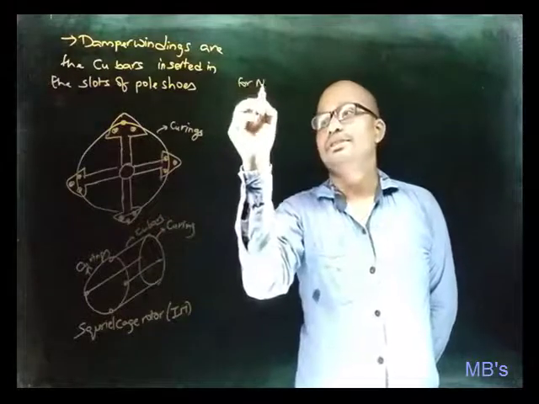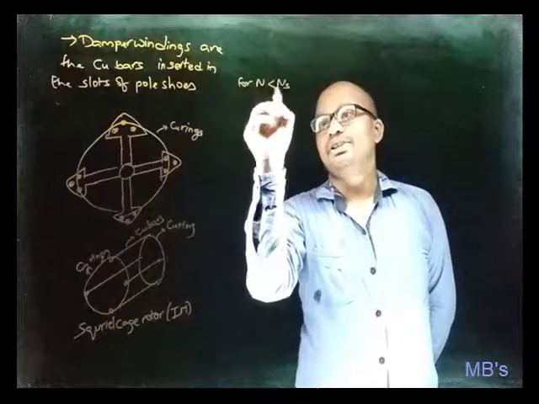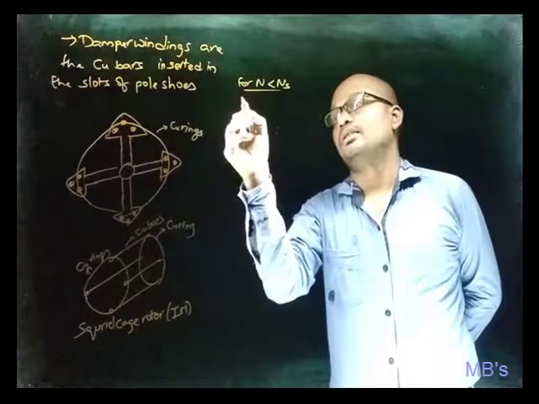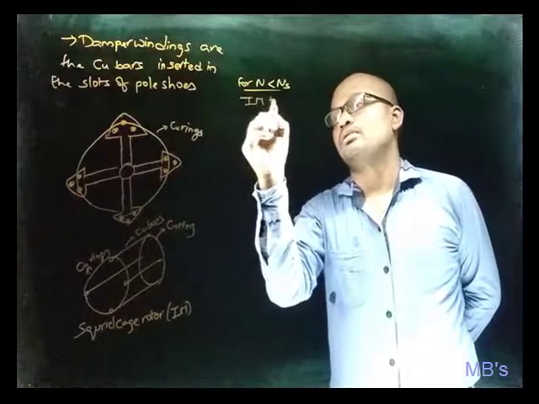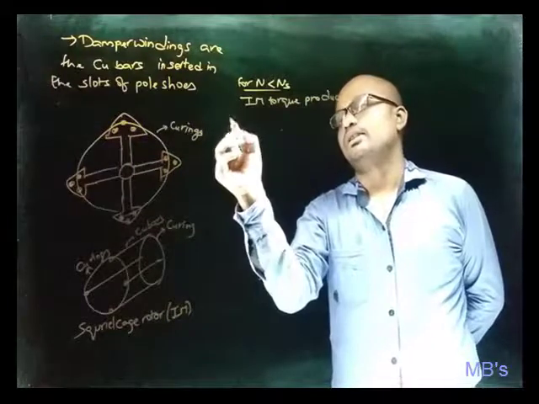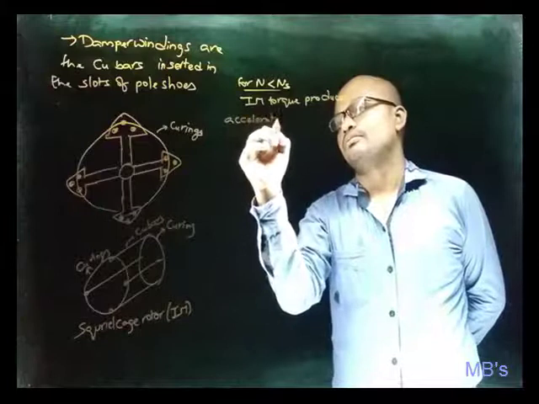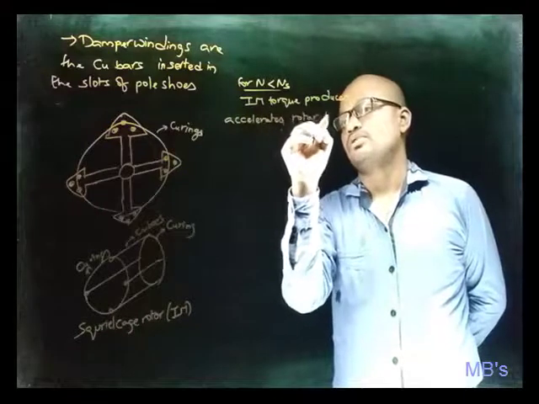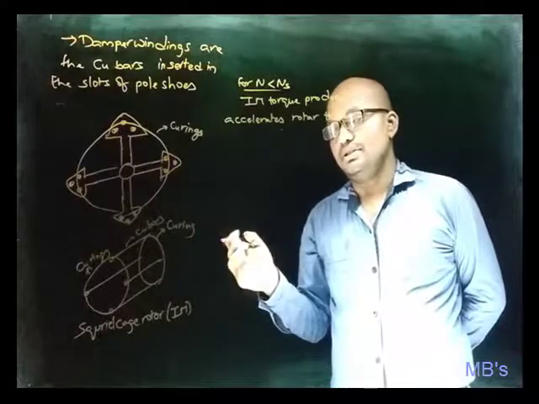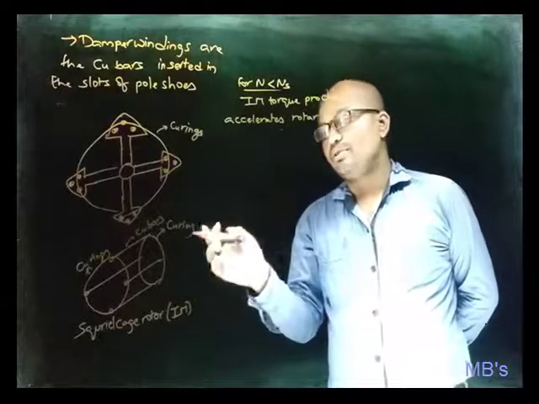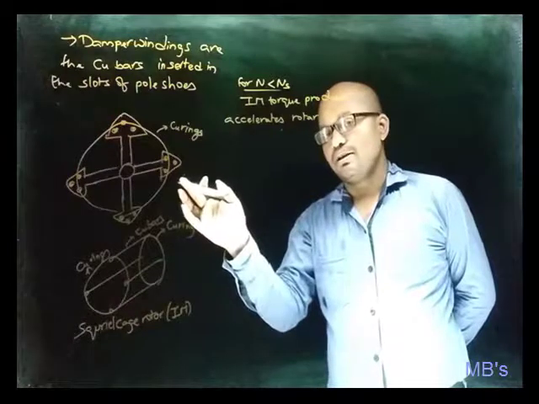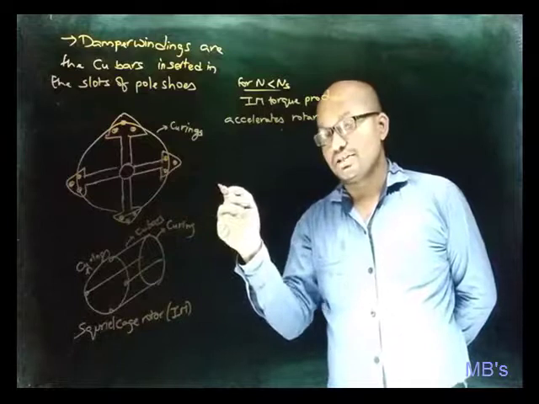For speeds less than synchronous speed, because of damper windings, induction motor torque is produced and accelerates the rotor to synchronous speed, and upon reaching the synchronous speed, the induced EMF in the damper winding will be 0, so that the machine will now run as it is in normal conditions.